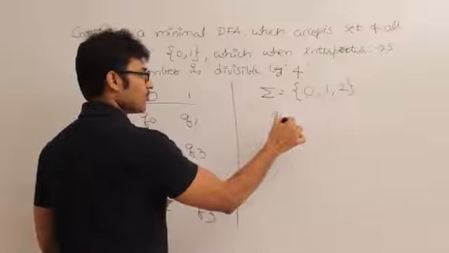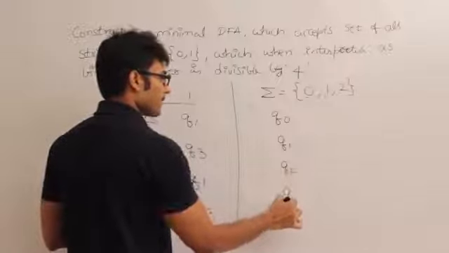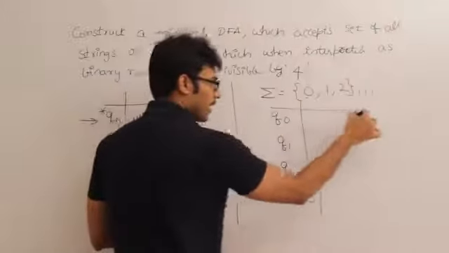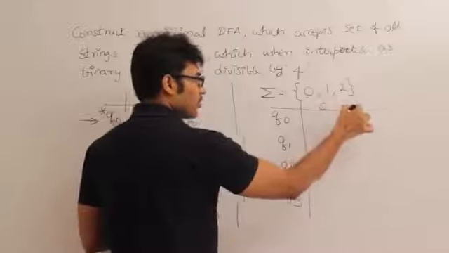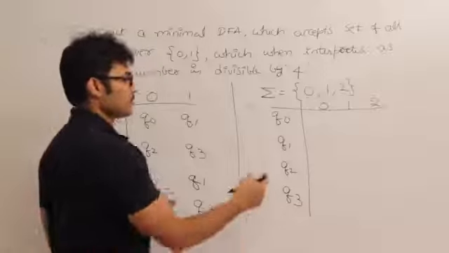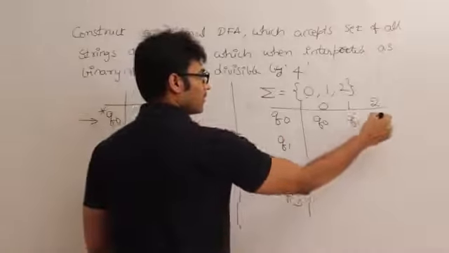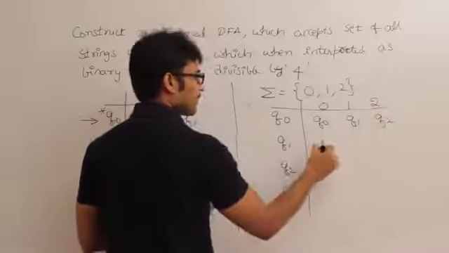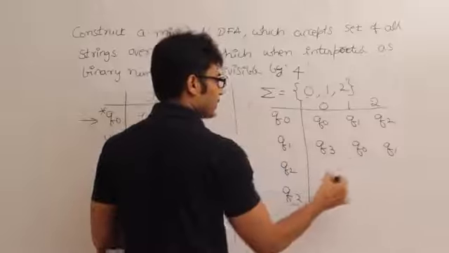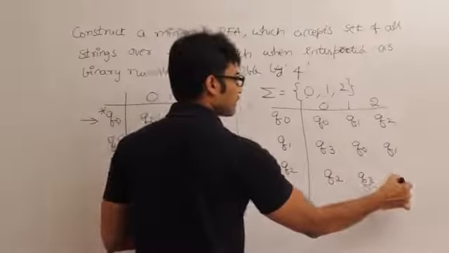How many states? 4 states: Q0, Q1, Q2, Q3, and the input is 0, 1, 2. So how should you write it? Directly Q0, Q1, Q2, Q3, Q0, Q1, Q2, Q3.